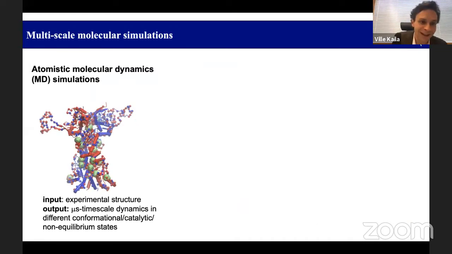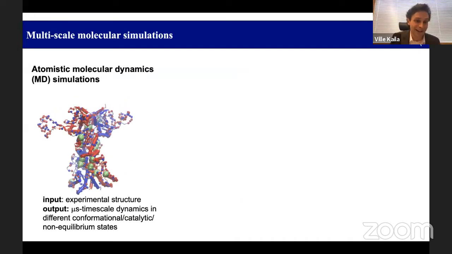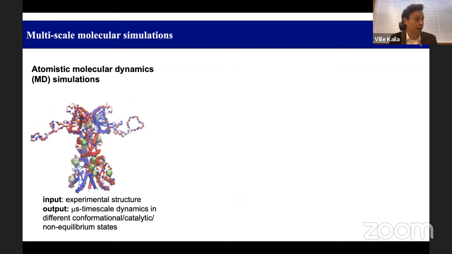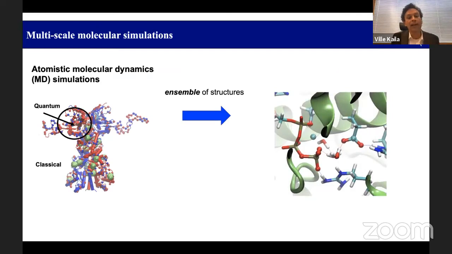So how this could work is that, let's say, starting from an experimental static structure, we run an atomistic MD simulation, and we propagate the system on some microsecond timescales in various states. And then we open up parts for quantum mechanical treatment for a structure, or an ensemble of structures. For example, here is an ATP molecule being cleaved by a proton transfer reaction.